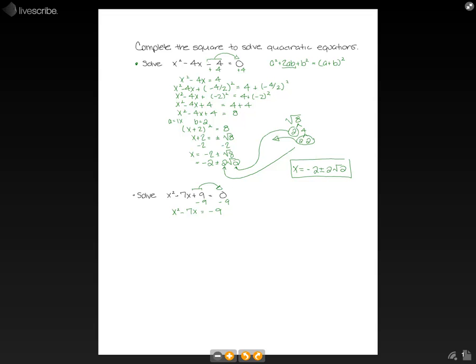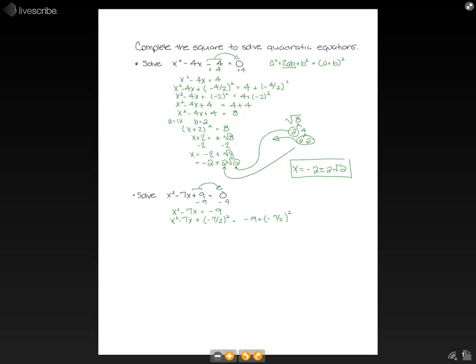Now, finding the square term, we take the coefficient of the linear term, divide it by 2, square it, and add it to both sides. So we get x squared minus 7x plus negative 7 over 2 quantity squared equals negative 9 plus negative 7 over 2 quantity squared.